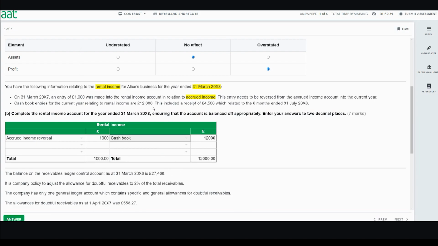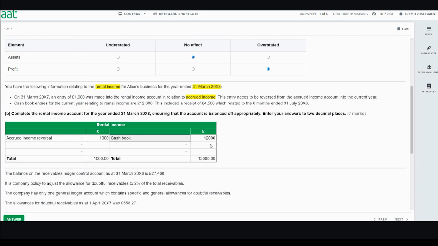And it says here, this included a receipt of £4,500 which related to the 6 months ended 31st of July. So don't forget, our year end is the 31st of March. So you've got April, May, June, July. You've got 4 months that can't be accounted for in this figure because it relates to next year.